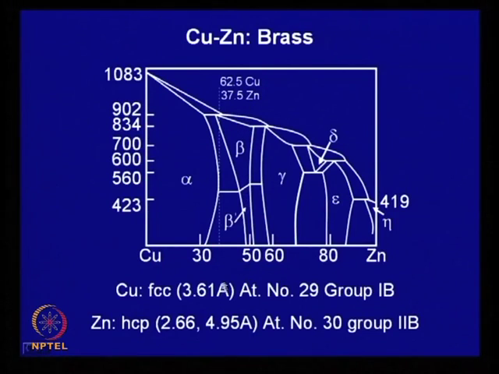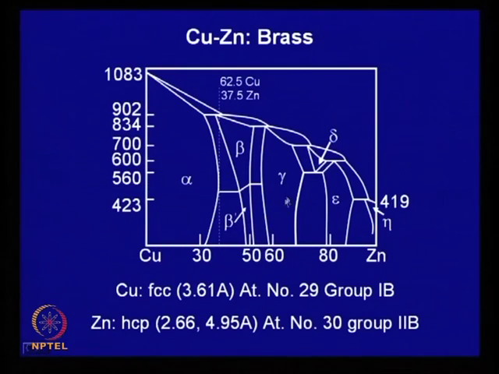So, there are copper and zinc atoms present in a 1:1 ratio, and its crystal structure is body centered cubic, alpha is face centered cubic, and when this ordering takes place, one of the atoms will occupy the corner site, another atom will occupy the body center site. So, that is what ordering is in this particular case.